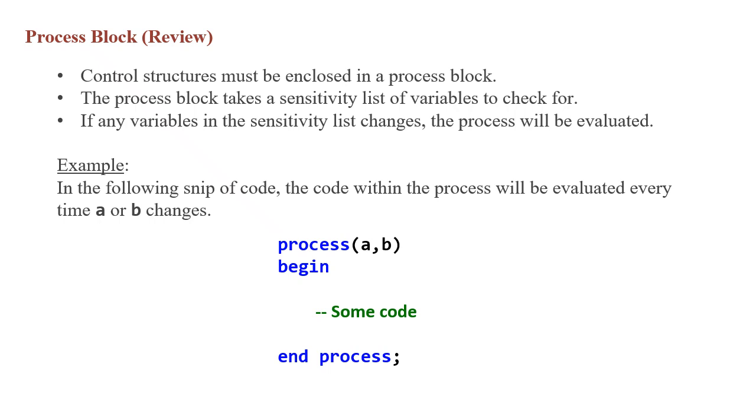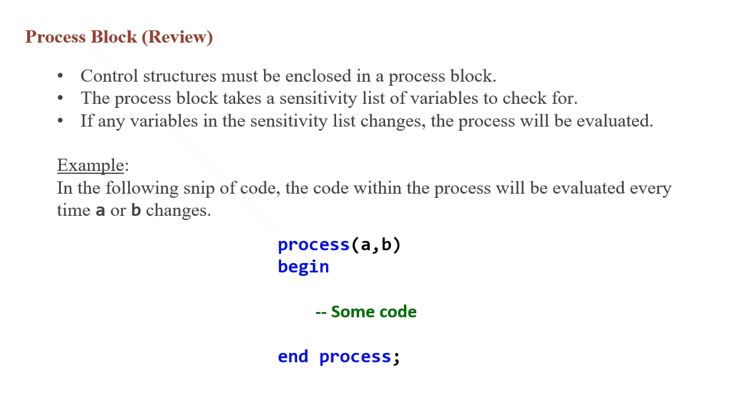Now this is just a revisit on the process block, since it's going to be used later with the FSM implementation. It is important to remember to include control structures such as if statement and case statement within a process block.